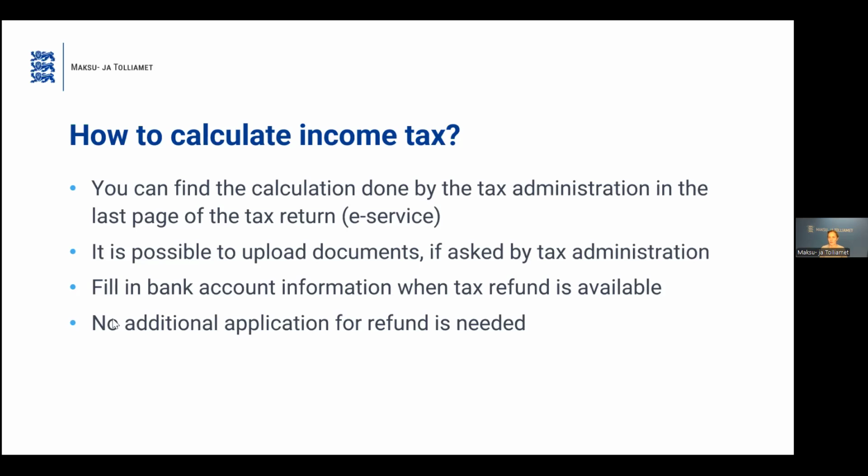But if you find something strange there, you can just go back to your tables and maybe see if something has been wrongly filled in or so on. You can do corrections there and even start from the beginning again. So before submission of tax return, you can do corrections.